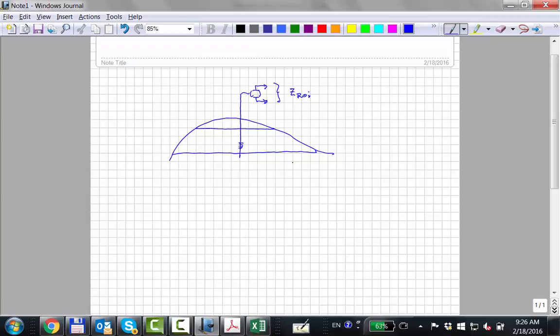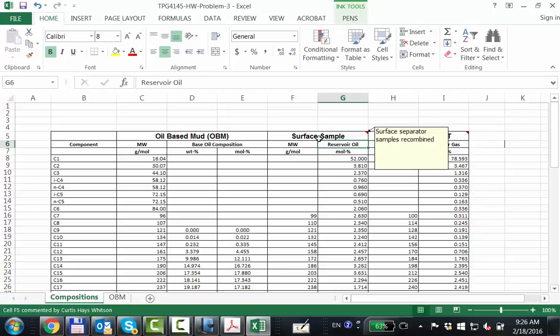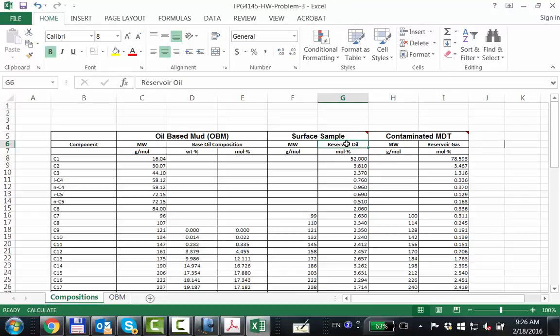Okay. So you're going to have to basically mix together the oil-based mud and the surface sample in some proportion, 34%, 66%, okay, on a weight basis. So you have to have weight fractions of the reservoir oil, which you don't have, okay. You got to convert to weight fractions also. And then you just do this mixing, but it's on the C7 plus basis.